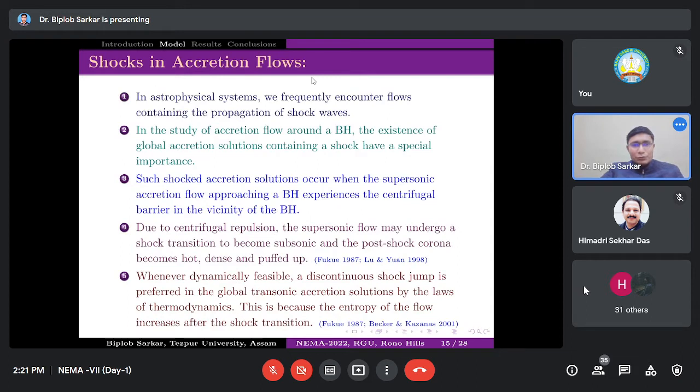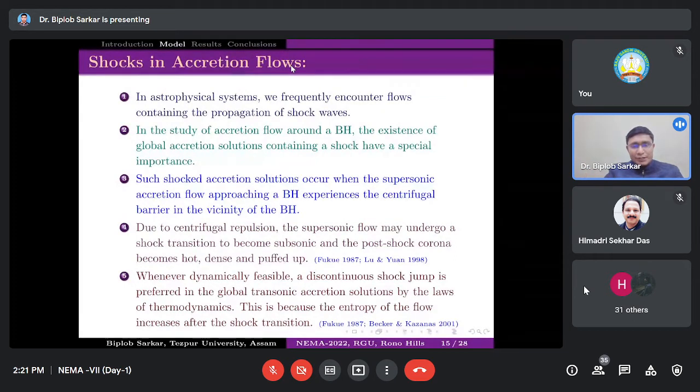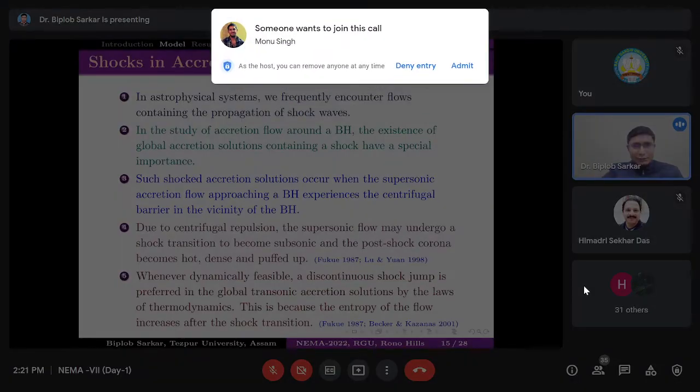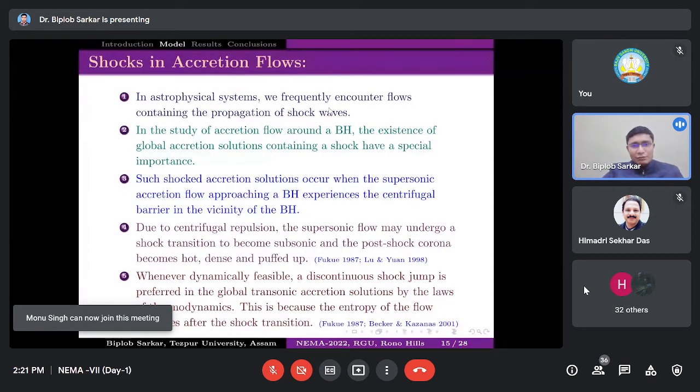Now I come to another important feature in accretion flow, which is the phenomenon of formation of shocks in accretion flow. So this morning Indu has also shown some results from numerical magnetohydrodynamic studies, where he showed the formation of shock waves in the numerical simulation. In astrophysical systems, we frequently encounter flows which contain the propagation of shock waves.